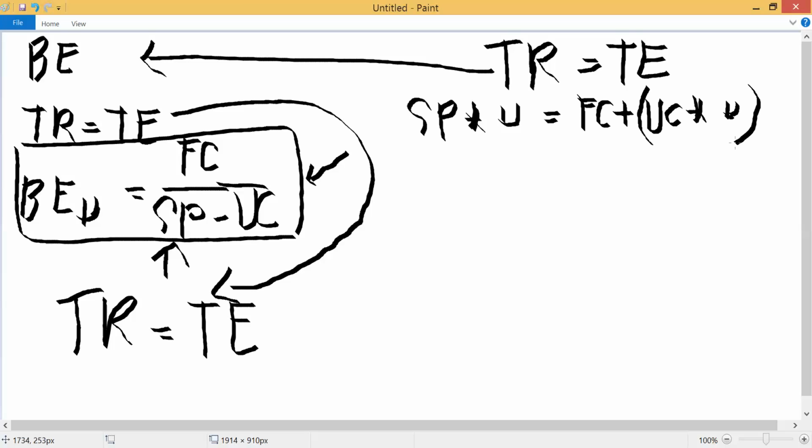Alright, so let's transpose the variable cost to the left side. So SP times units, that's the total revenue, minus unit costs times the number of units, equals FC.